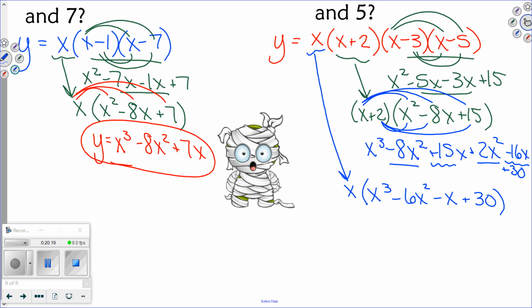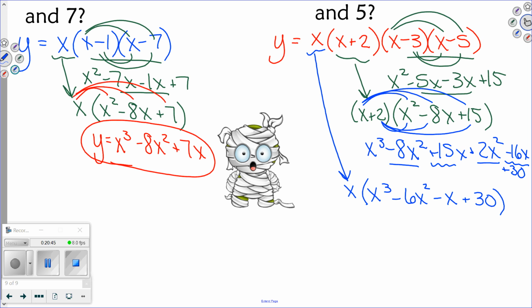Now, I keep asking you guys, 1, to check them when you're done, and then 2, to make sure I had 4 answers, so it should be an x to the 4th. I know a common mistake is people stop here. They forget that little baby brother sitting out in front. So make sure you're looking, double check, x cubed, wait, I got 4 answers. I missed something, okay? Yeah. You forget him?